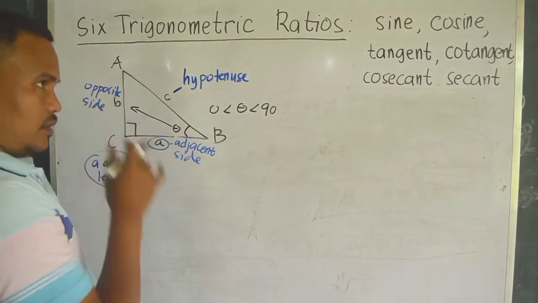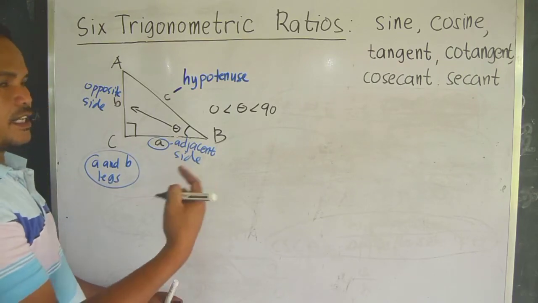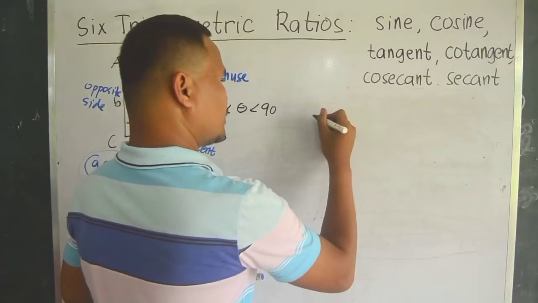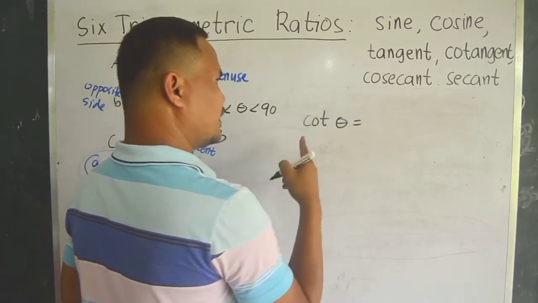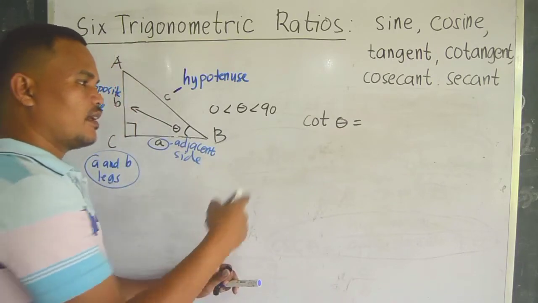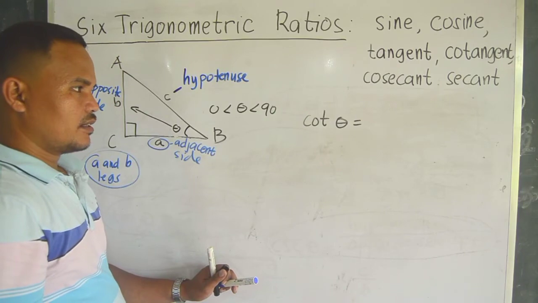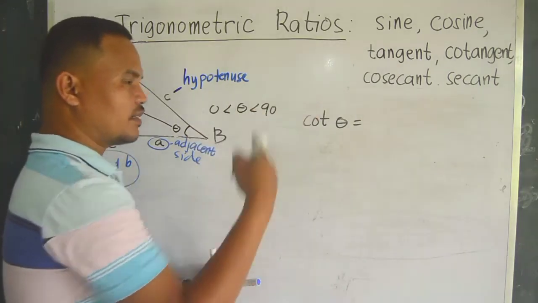Okay, the remaining three trigonometric ratios are the secondary trigonometric ratios. Say cotangent. Cot is the abbreviation of cotangent. Cotangent is the reciprocal of tangent. We know that tangent is opposite over adjacent.